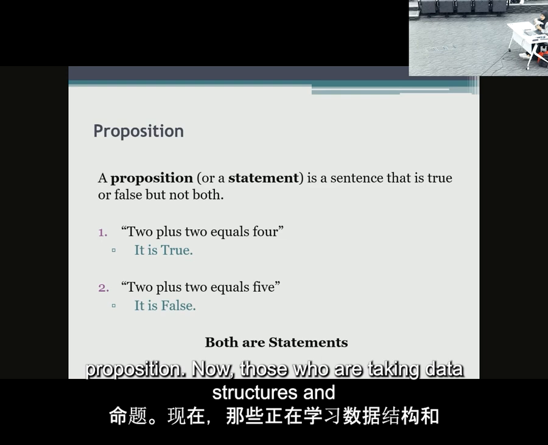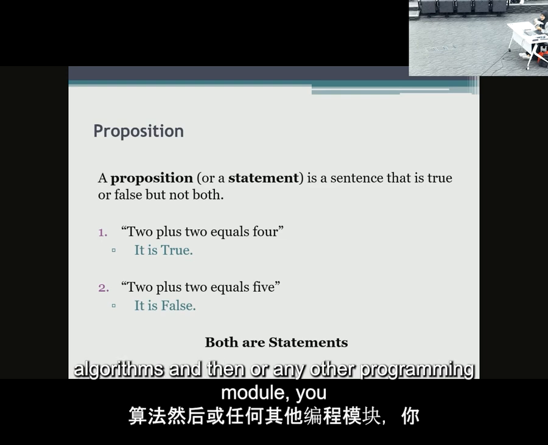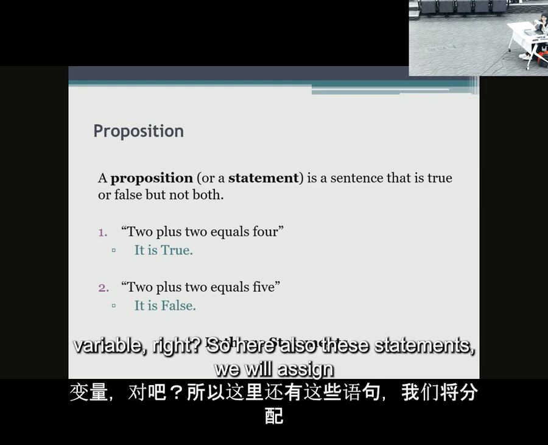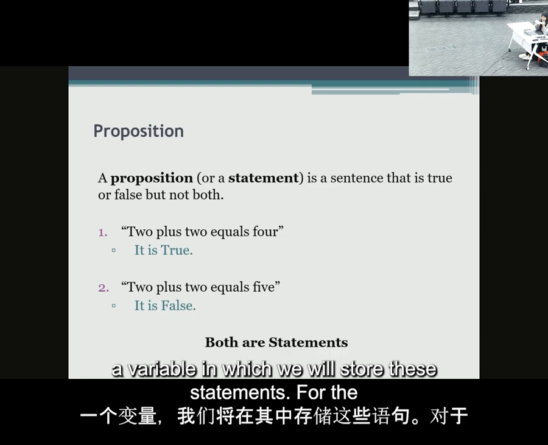Now, those who are taking data structures and algorithms or any other programming module, you know that we assign these statements or operations to a variable, right? So here also these statements, we will assign a variable in which we will store these statements.